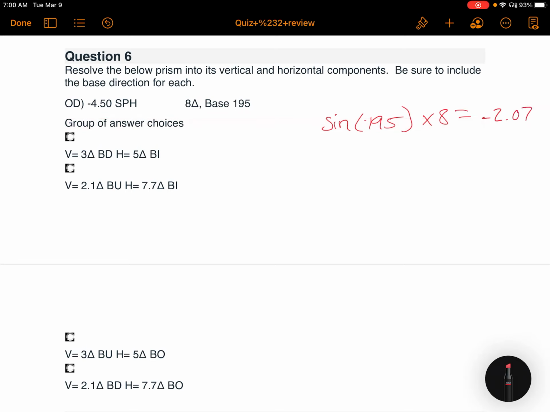My calculator says minus 2.07, so you can ignore the minus sign and round it to 2 if you'd like, or 2.1. So that's vertical. Horizontal equals the cosine of that same angle times the same amount of prism. So we do 195 cosine times 8 equals 7.72.